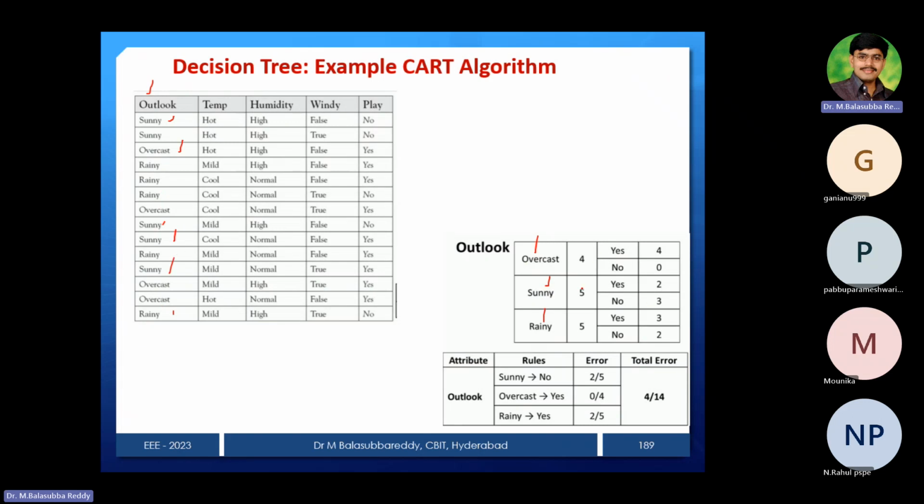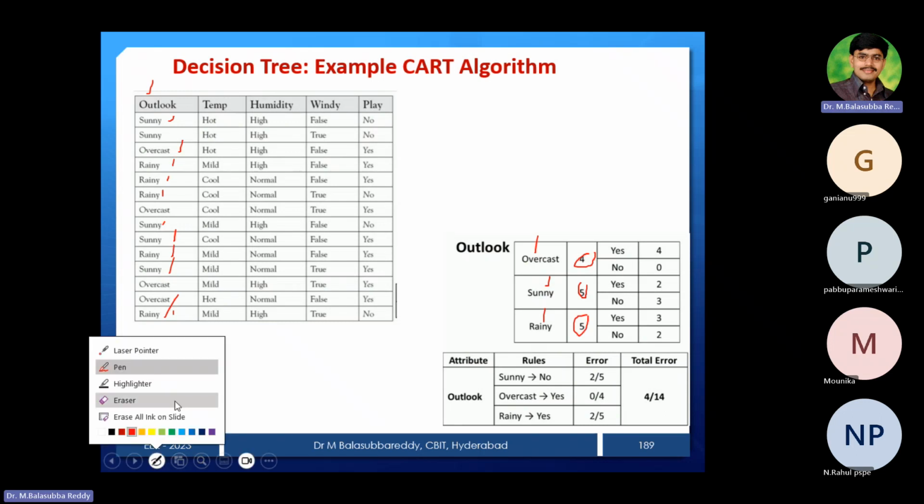So I made 5 for sunny. And again, overcast how many? 1, 2, 3, 4. So 4 is overcast. And then rainy: 1, 2, 3, 4, 5. 5 is rainy. These are the numbers based on the Outlook.